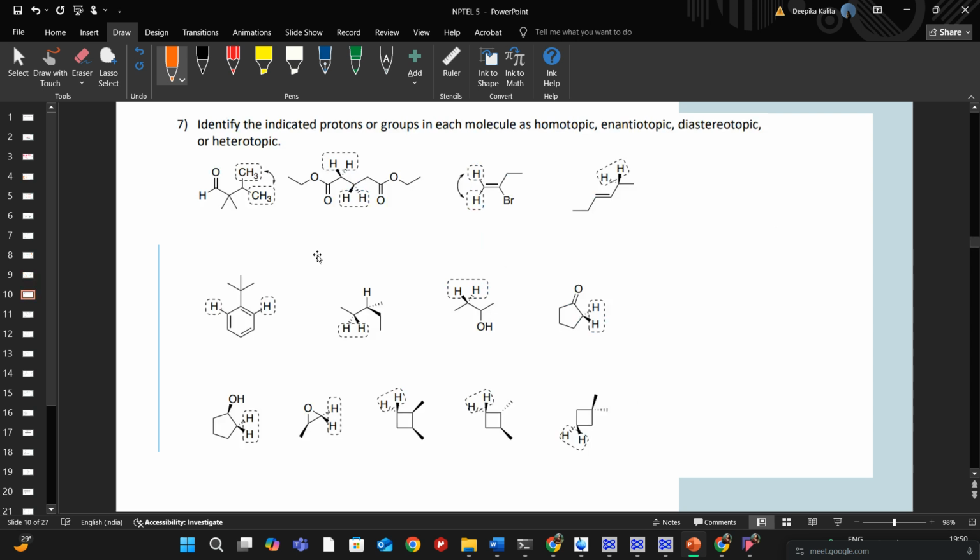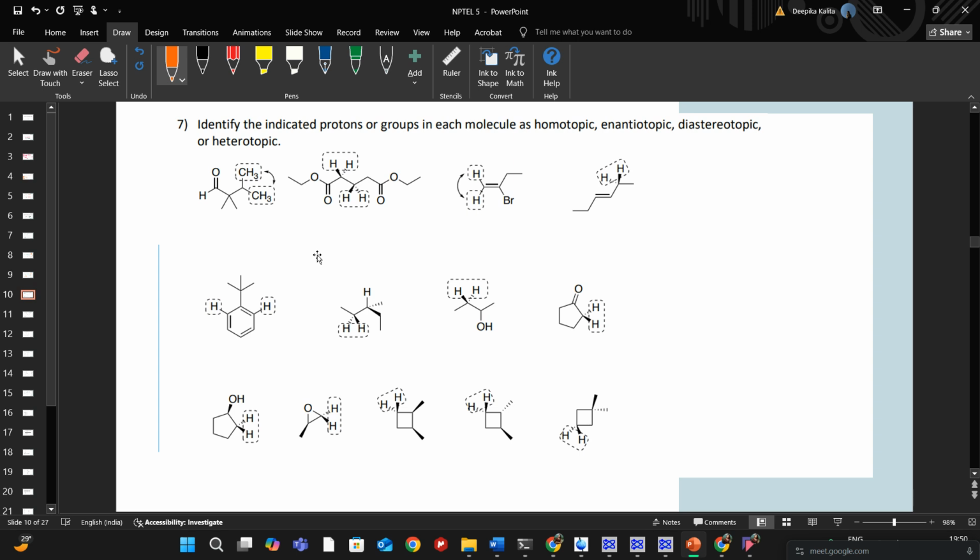In the next question, we have been given a set of different organic molecules where the protons which are indicated with dotted boxes have been asked to identify as homotopic, enantiotopic, diastereotopic or heterotopic. Okay, till now we have already solved a few such questions.